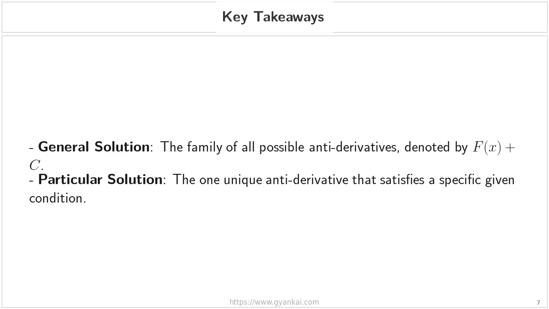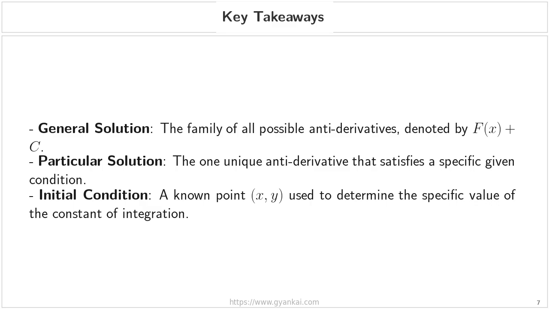Now, we often don't want just any antiderivative, we want a specific one. That brings us to the particular solution. This is the one unique antiderivative that satisfies a specific condition that's given to us. It's like picking out one specific curve from that whole family of curves. To actually find that specific curve, we need some extra information, and that's where the initial condition comes in.